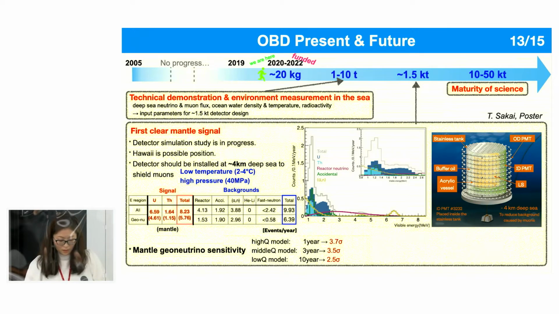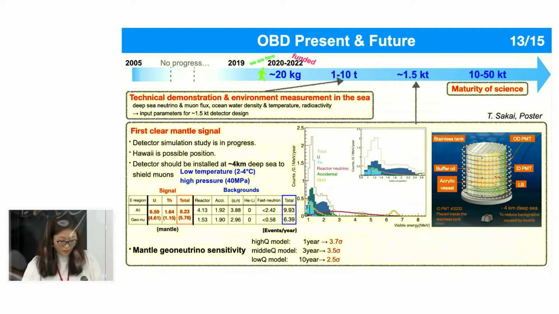So this is the simulated energy spectrum. I won't go into details, but this table shows the number of each type of event in 1 year using this 1.5 kiloton detector.